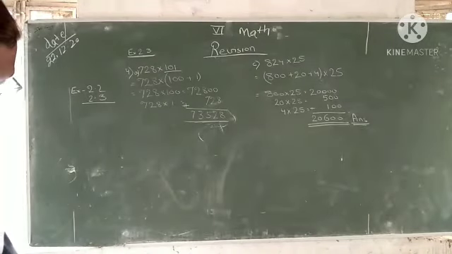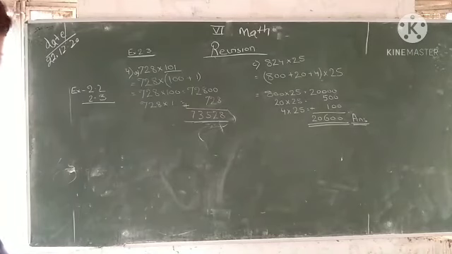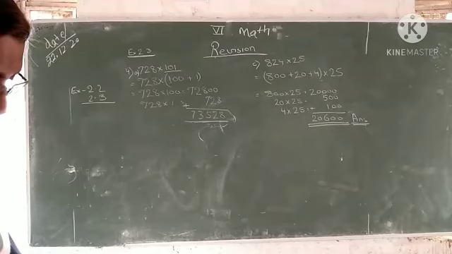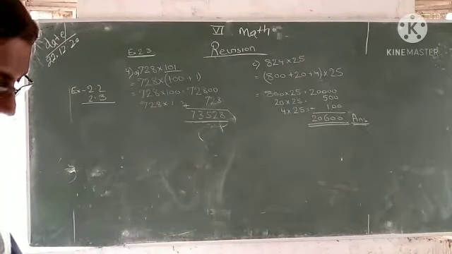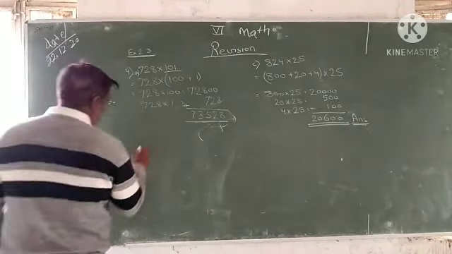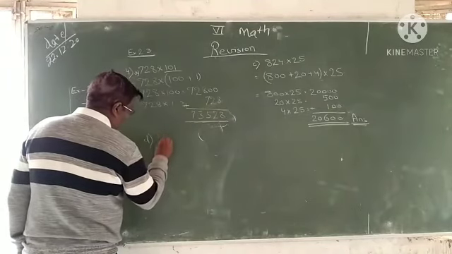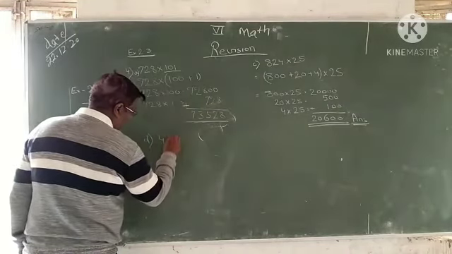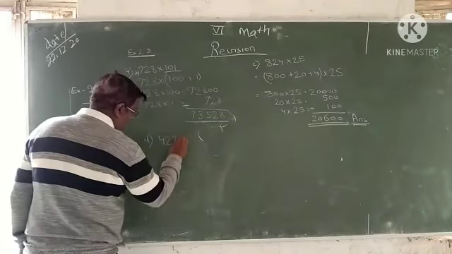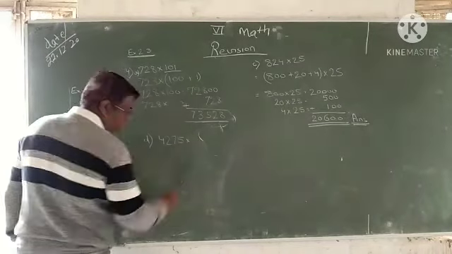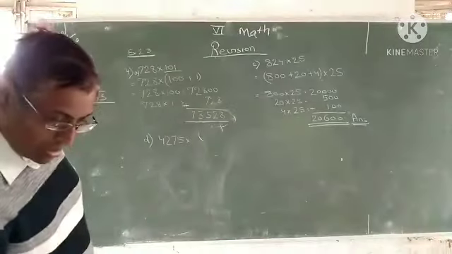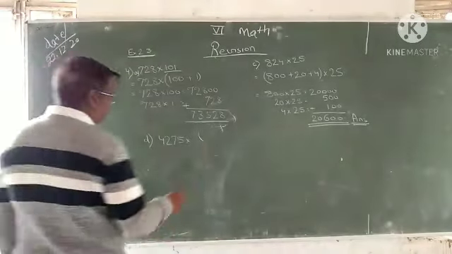Then let's try another one, 4275 into 125.